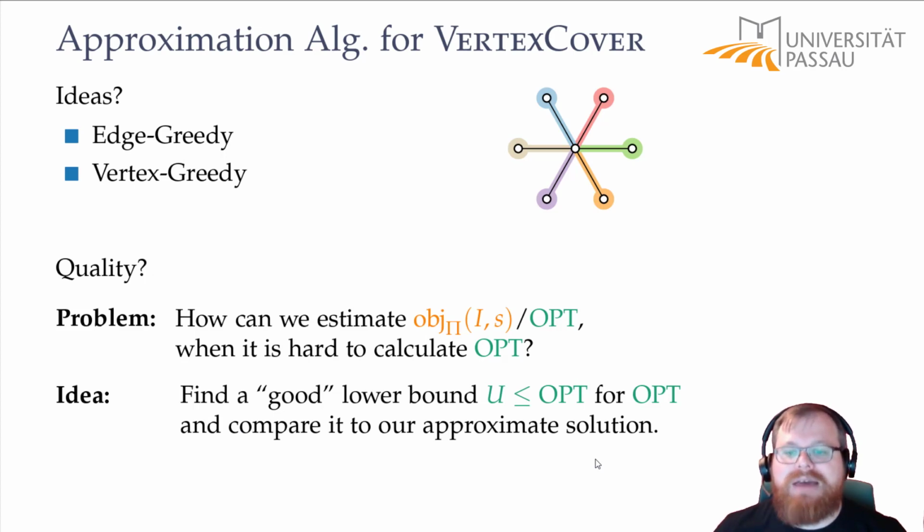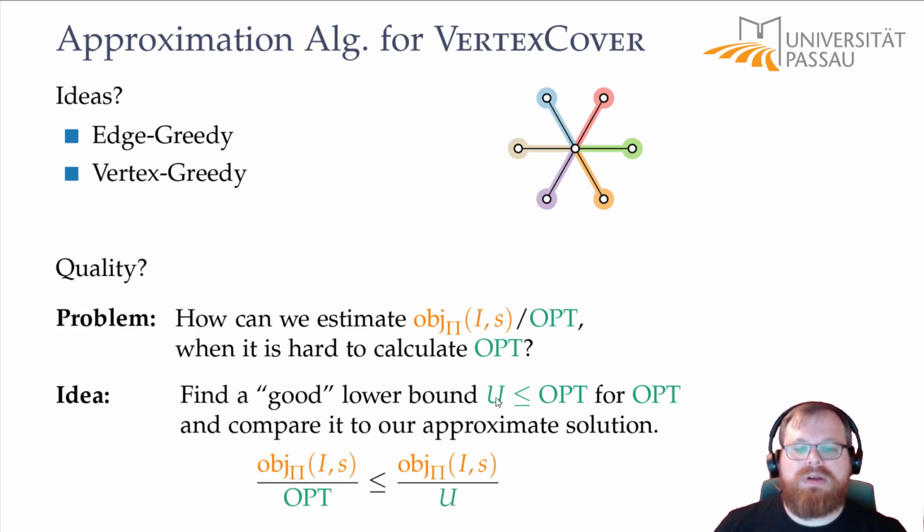So first, we have to find some way how to estimate how large opt is at least. Then we compute some solution and compare it with U. And it's easy to see if we compare our objective function with U, then this is at least as large as if we compare it to opt.